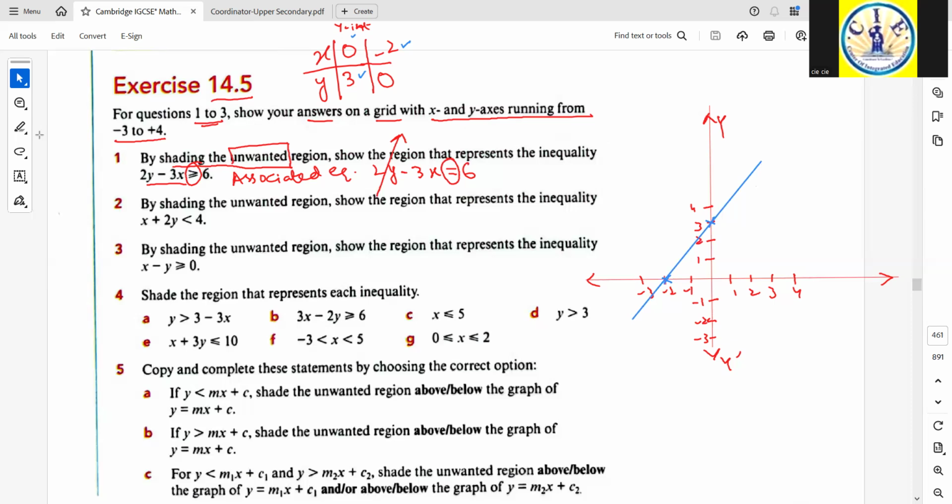One thing that is to be mentioned here is that this inequality is a closed inequality containing greater than or equal to. So that's why we have made the line a solid line. Had it been an open inequality like greater than or less than, then this line would have been a dotted line, like this, a dotted line like this.